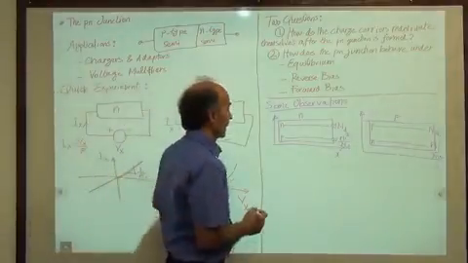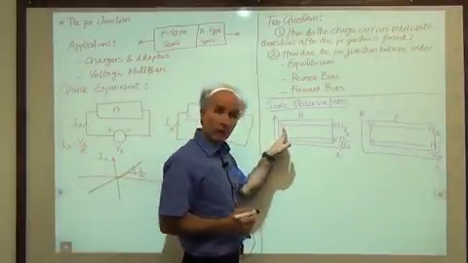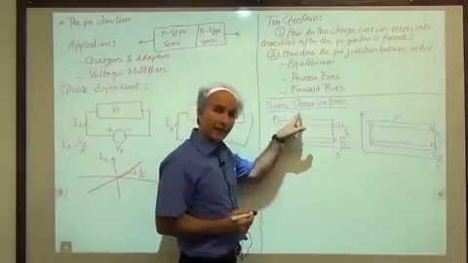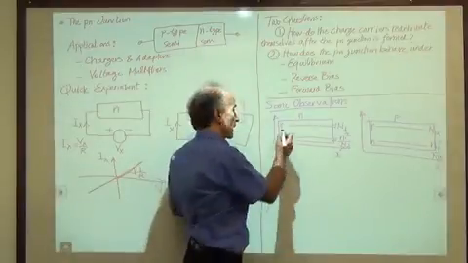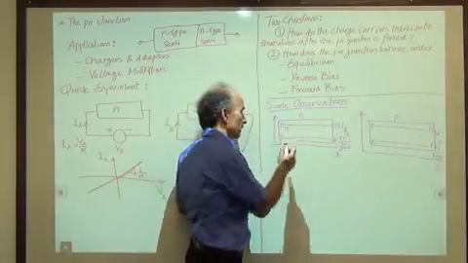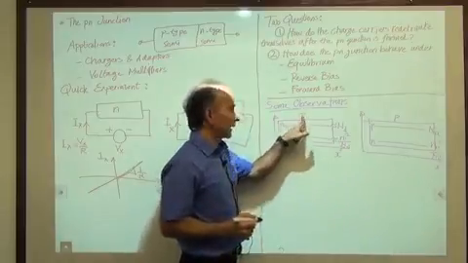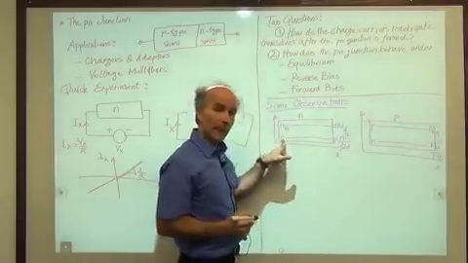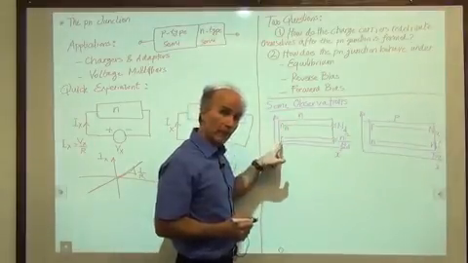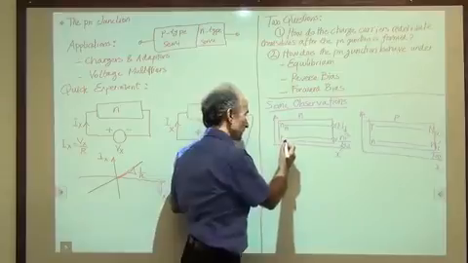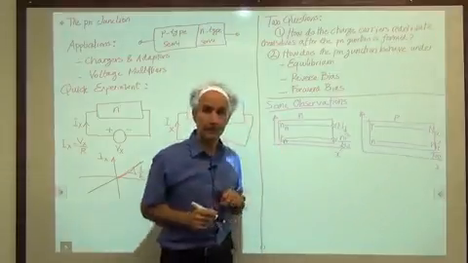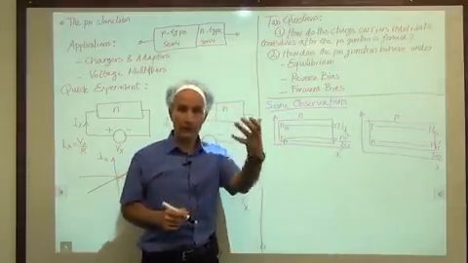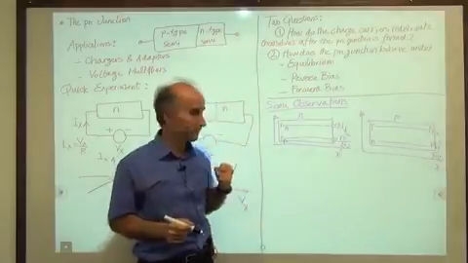So the concentration of electrons in the N-type material will be N sub N. Sub N refers to N-type material. Similarly, the concentration of holes in the N-type material will be P sub N. So the subscript refers to the type of material we have, P-type or N-type.